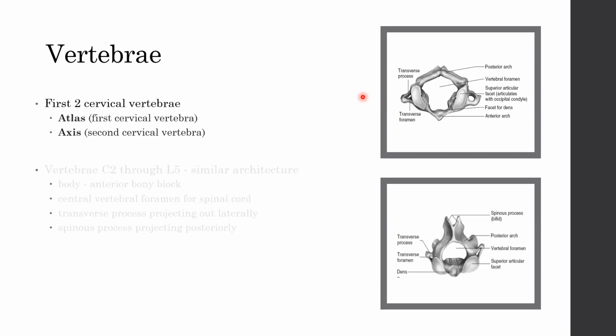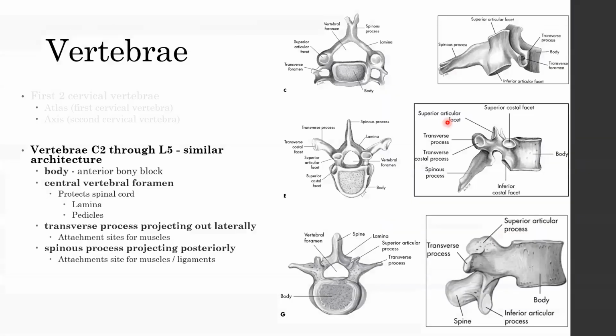The atlas vertebra is where head flexion and extension occurs, and our axis vertebra is where head and neck rotation occurs. Now, if you all would pay close attention to the particular vertebra, this would be your atlas, this would be our axis, and compare it to the remaining vertebrae that we see from levels C3 all the way down to L5.